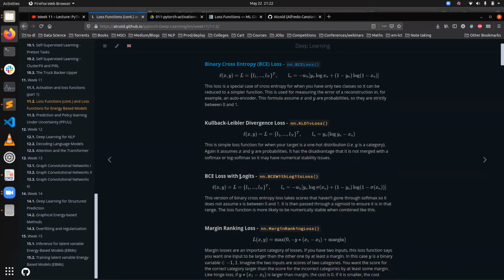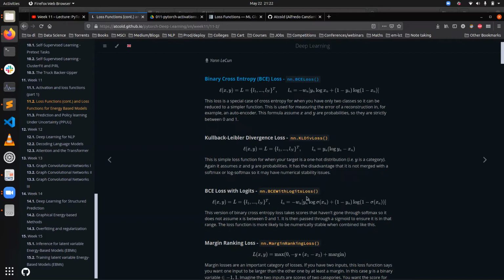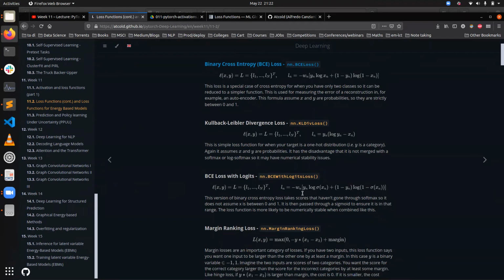So BCE loss with logits. This is essentially the same as this, but you don't have to do the sigmoid or softmax beforehand. You can just directly feed the logits or the scores for each category to this loss. This is more numerically stable. It does not assume that x is between 0 and 1.